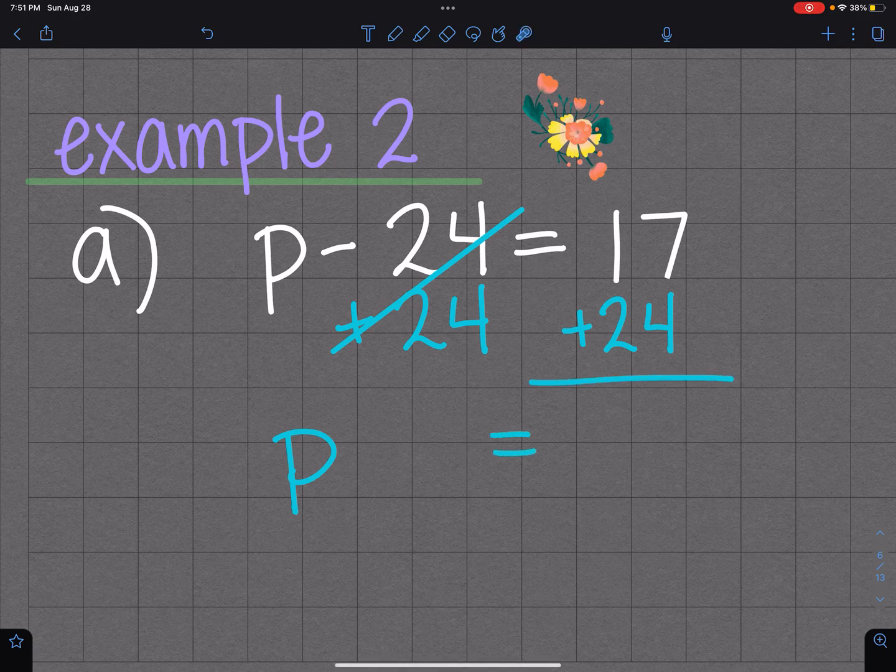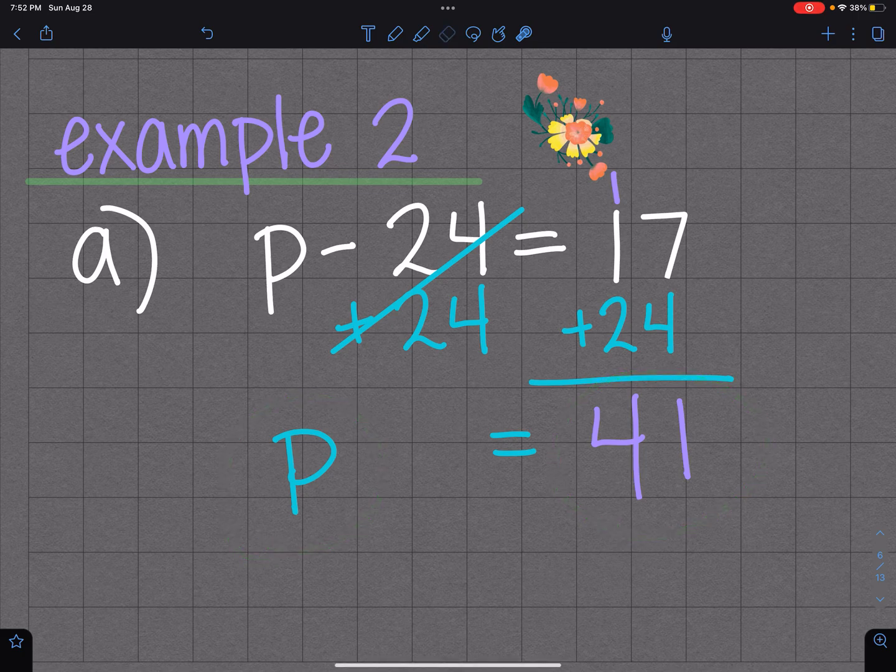All right, let's start with the ones. 7 plus 4 is 11. So let's put a 1, carry a 1. We're adding this time. 2 plus 1 plus 1 is, of course, 4. The answer is 41. Now, how do we check our problem here? Well, to check our answer, we know that P is now 41.